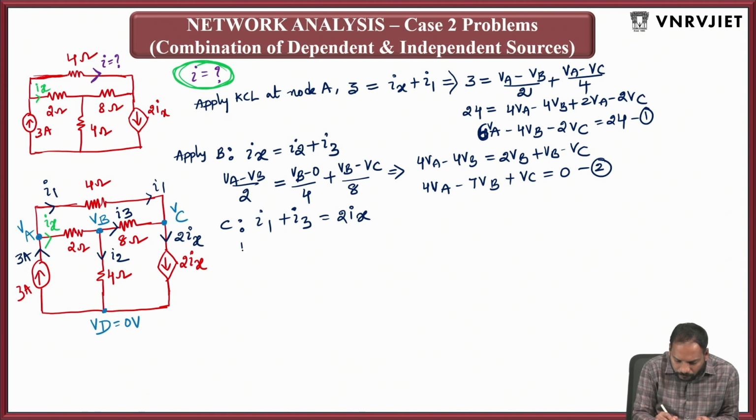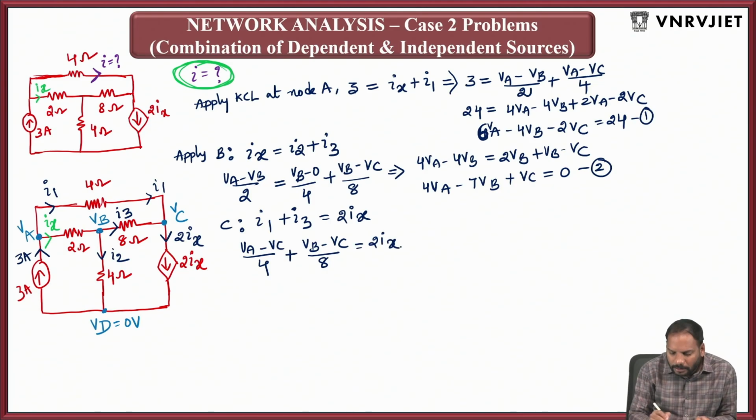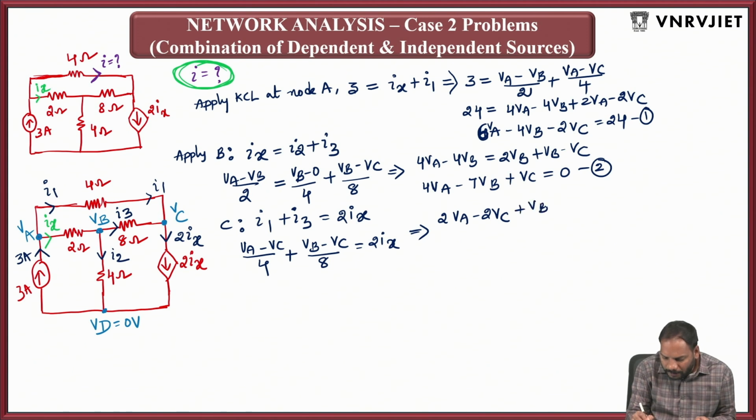I1 is VA minus VC divided by 4, plus I3, which is VB minus VC divided by 8, is equal to 2Ix. Now this equation, multiply with 8 throughout. If you multiply with 8, 2VA minus 2VC, plus VB minus VC, is equal to, multiplying with 8, how much? 16Ix.